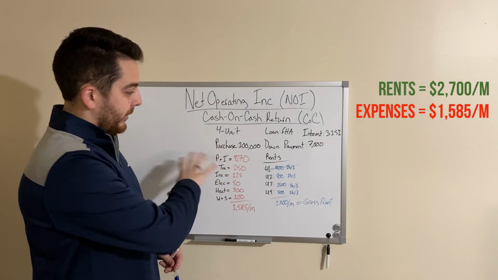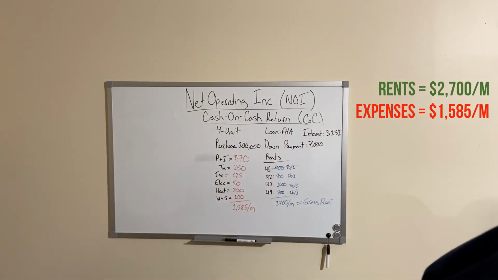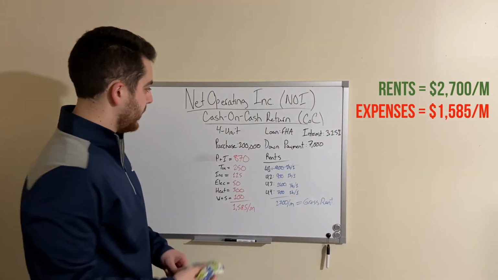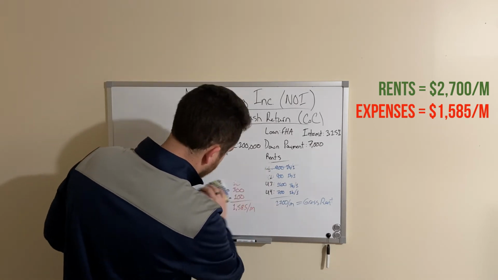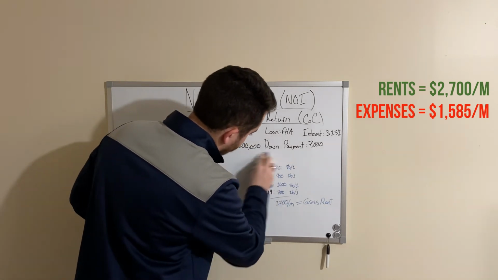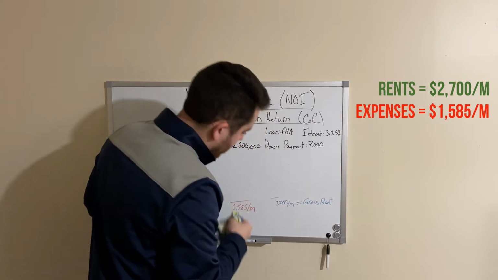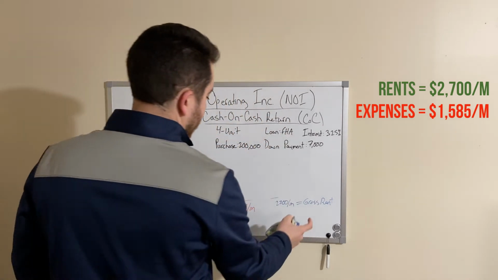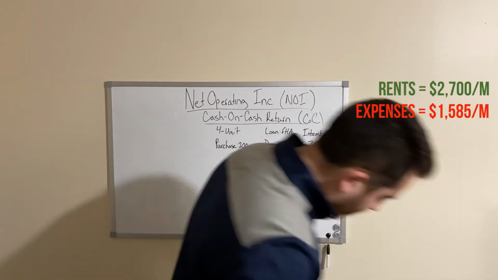I'm going to erase some of this stuff because I need more room to calculate. And what I'm left with is the gross rent and the monthly expenses.